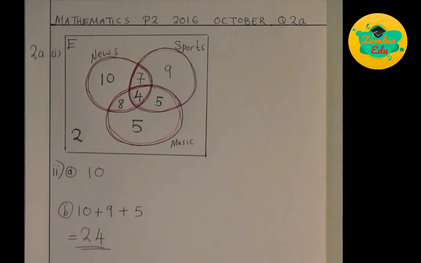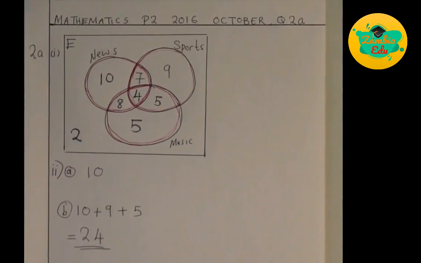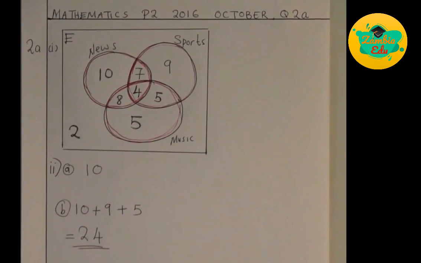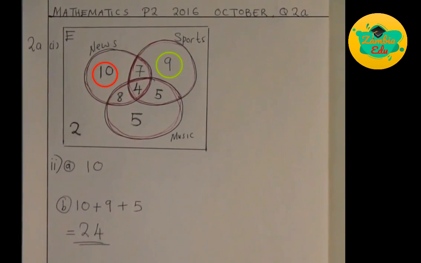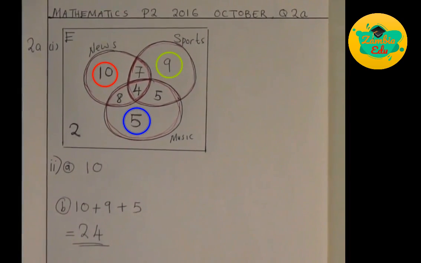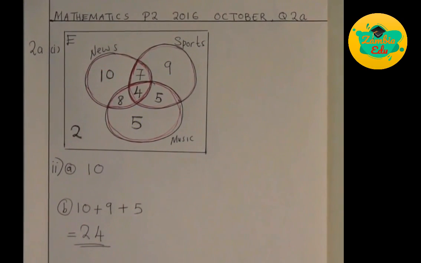To answer that question, we get our 10, which is independent, under news, representing those who listened to news only, and we get 9, under the set for sports, representing those who listened to sports only, and we also get our 5, under music, representing those who listened to music only. Then you add them together and you get 24 as your answer.